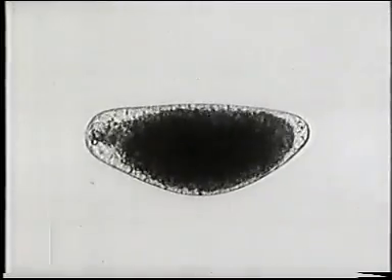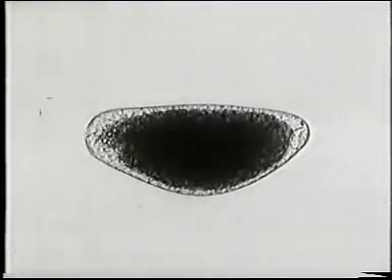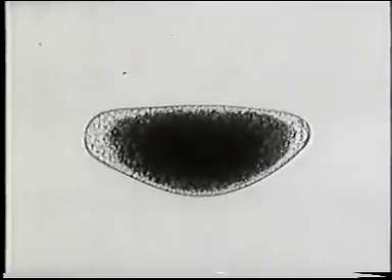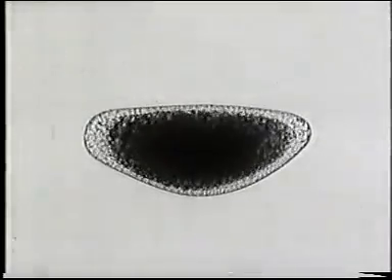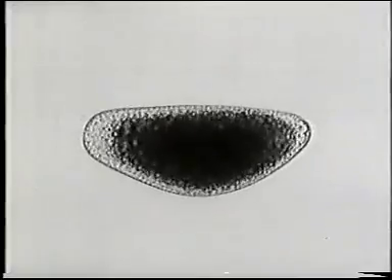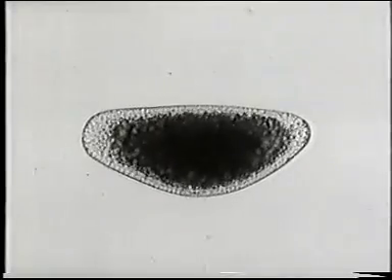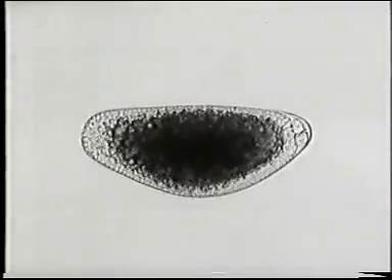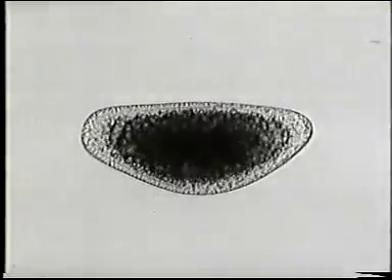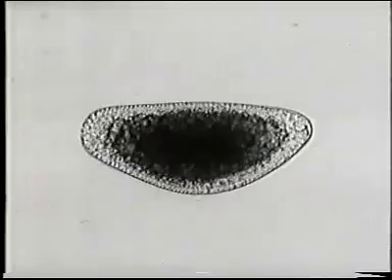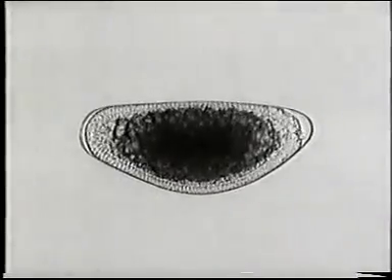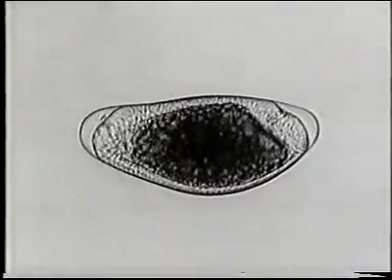But in this case, the very early embryo was irradiated with ultraviolet light at the anterior pole. At this stage, things look like the normal developmental sequence that we've already seen. But watch what it looks like as development proceeds.